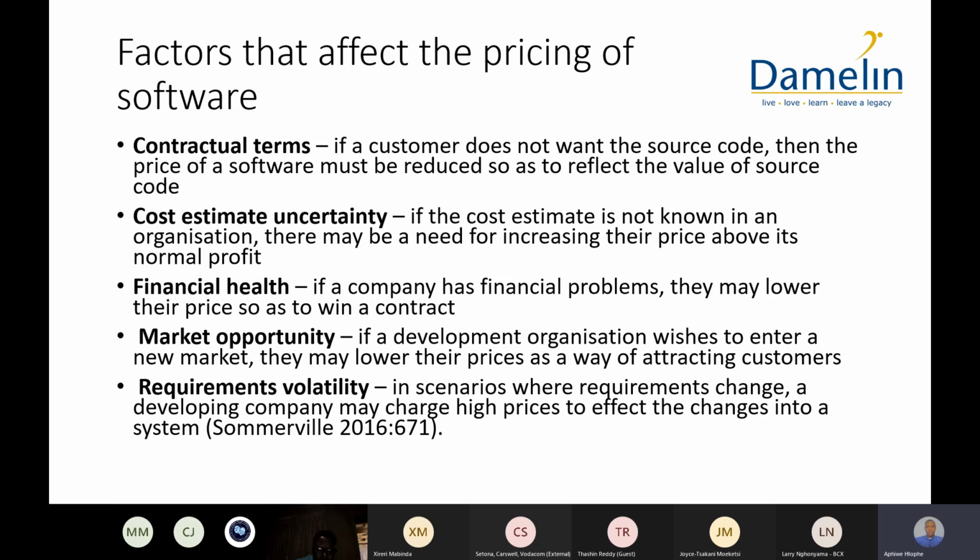Cost estimate uncertainty. If the cost estimate is not known in an organization, there may be a need for increasing their price above its normal profit. So there's a lot of uncertainty from the client side. There's a lot of uncertainty from the service provider.